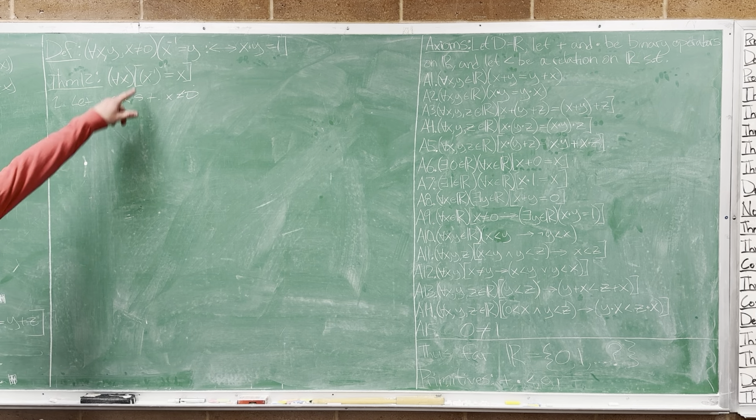It seems related to indeterminate forms somehow. If you take the limit of x to the x as x approaches 0, you get 1. And if you take it from the left-hand side, you also get 1. So you'd be tempted to say, okay, 1 makes perfect sense.